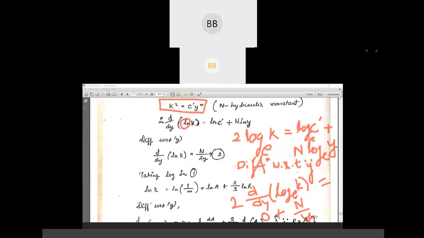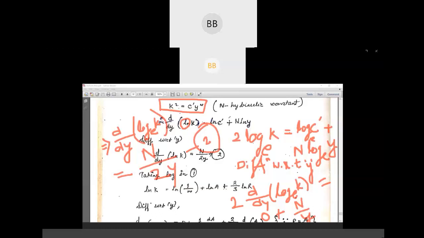So again if you simplify, d by dy of log e K is equal to N by twice y. So it will be your equation number 2.